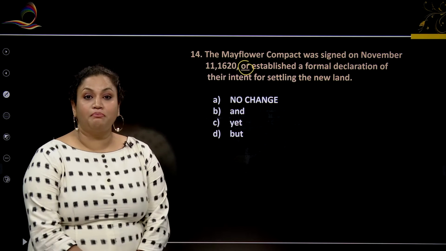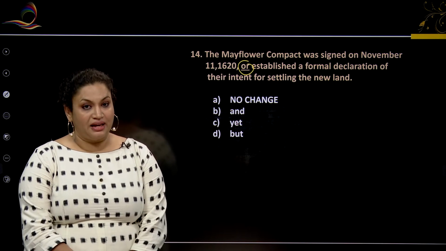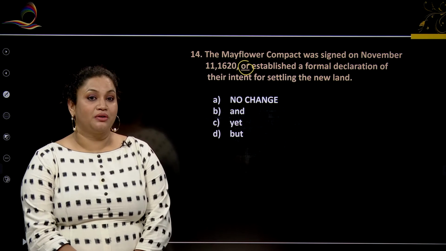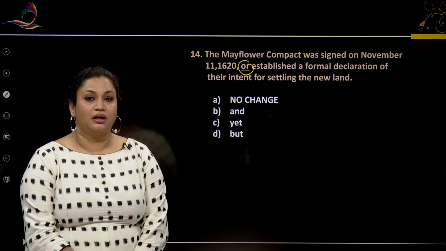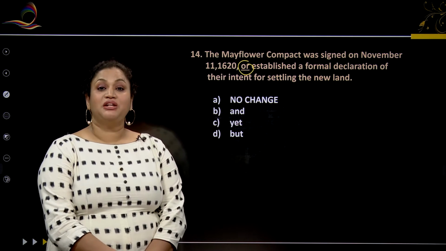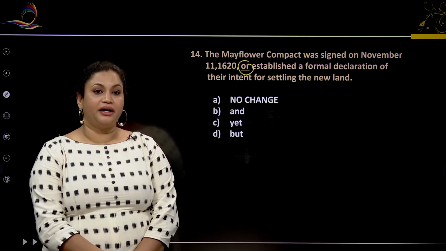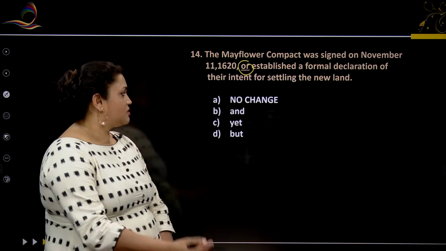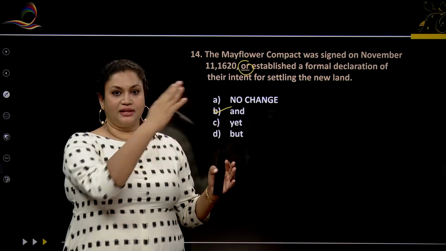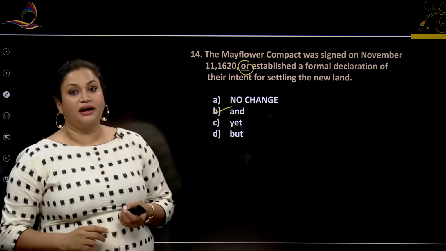The Mayflower Compact was signed on November 11, 1620 and established a formal declaration of their intent for settling the new land. So, and feels good. One thing was done and the next thing was also done. Let's check the other ones.